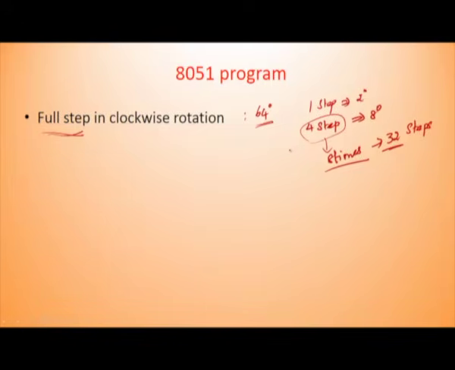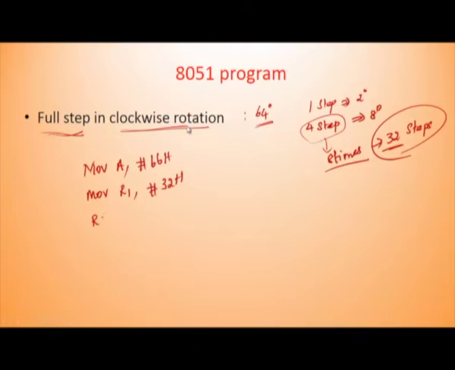So, for that, how will I write the program? Initially, we move A comma the given value which is 66. Then you know the number of steps, so you can initialize it in any one of the registers. Suppose you are initializing register R1 comma 32H. Then you can use rotate, in which direction I am asking, clockwise.